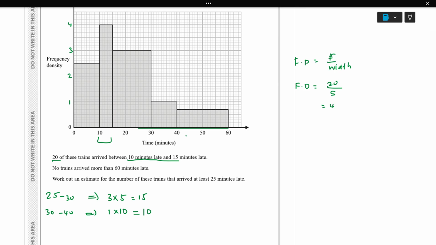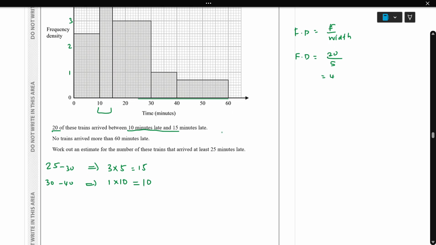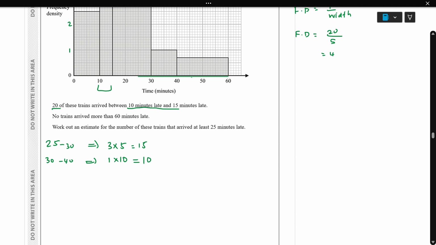Next, 40 to 60, the frequency density is 0.7, times the width, which is 20, so 0.7 times 20 is 14.